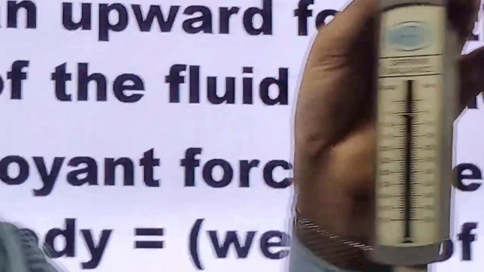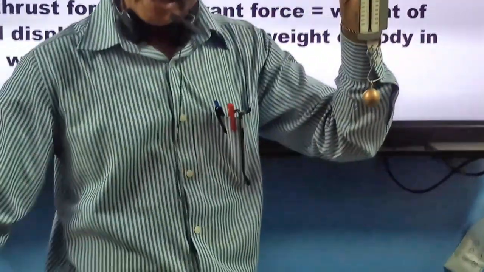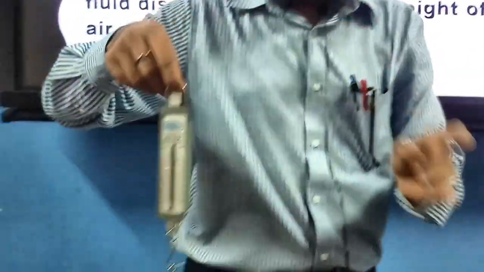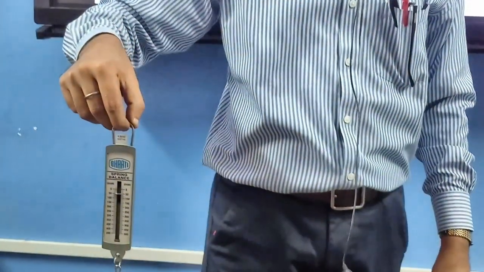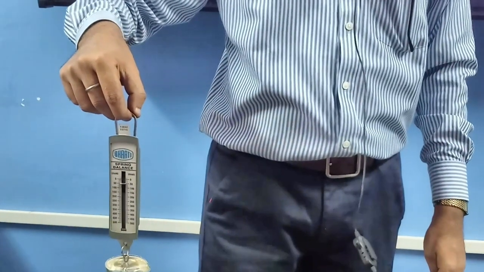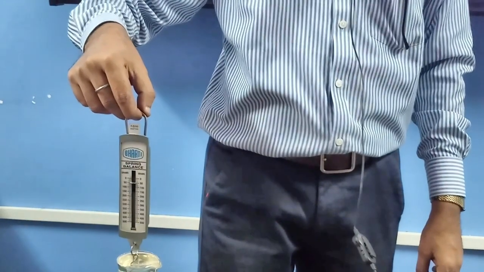Now if we dip this ball completely inside the beaker, then some water will rush out due to buoyant force. The ball is taking the space of water, that's why some water is coming out.